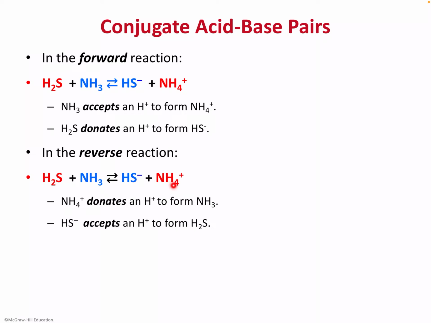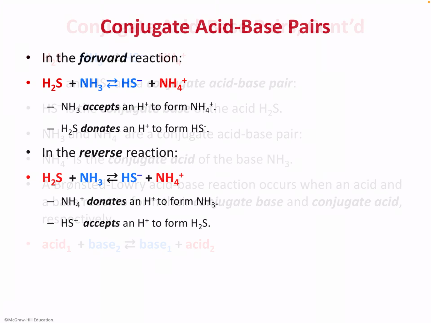So the number of hydrogens decreases, meaning it has donated a proton, meaning the ammonium ion is the acid and ammonia is the base. In the reverse reaction, the ammonium ion is the acid. The ammonium ion donates a proton to form ammonia. Now we're going to link this to figure out what our conjugate acid-base pairs are.